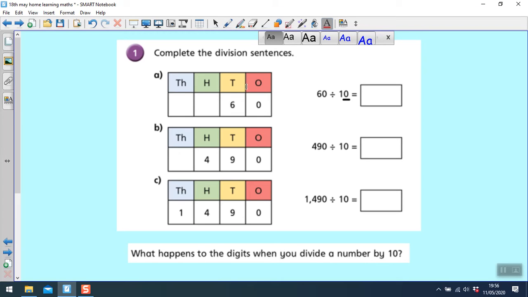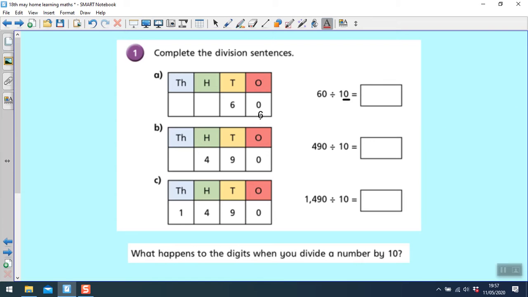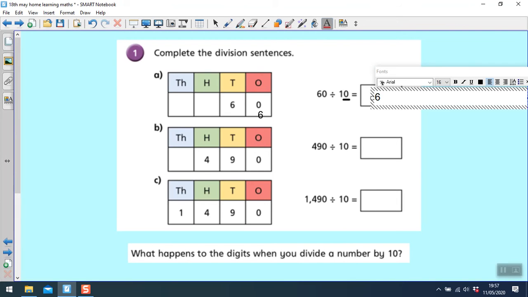So 6 10s and 0 1s, everything's going to move 1 place to the right. 6 10s will become 6 1s and the 0 will just disappear. We don't need the 0 anymore. It actually goes into the tenths column, which is here, but we don't need to worry about that. We could put 6 or 6.0, but the 0.0 is not necessary, so we just say 6.